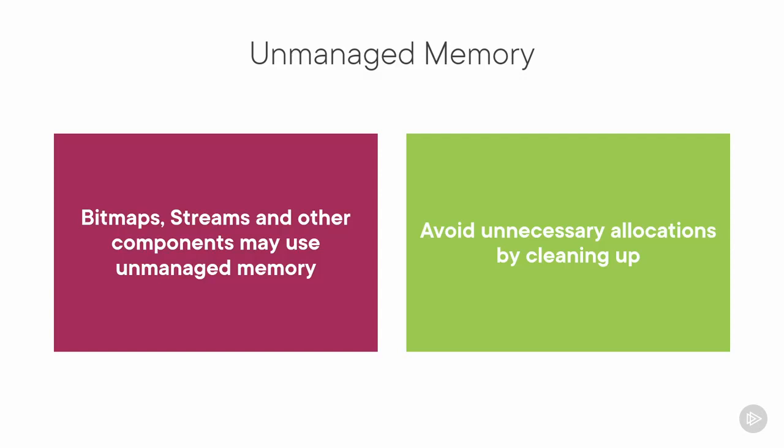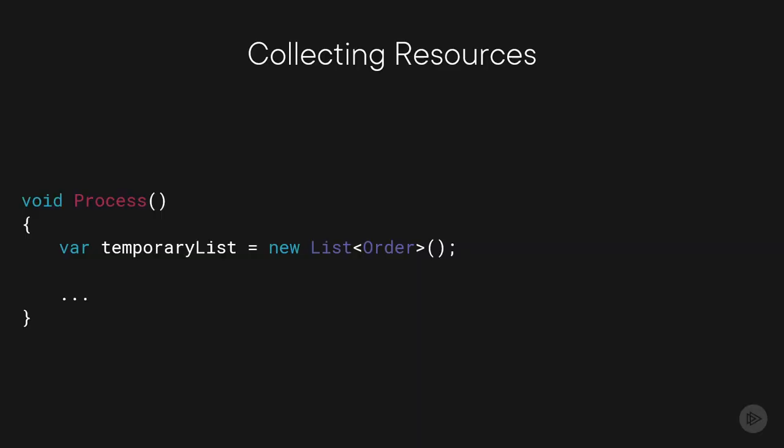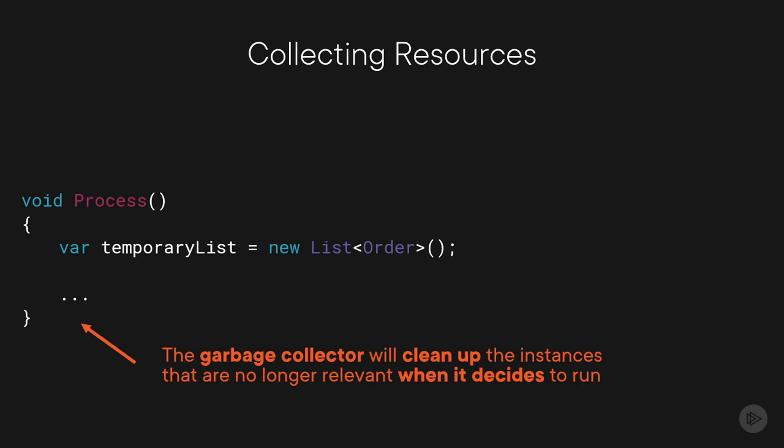memory. The garbage collector will look for objects and memory that you no longer need. This could be an instance that you created in a method. Once that method completes and the instance is no longer relevant, the garbage will be collected.